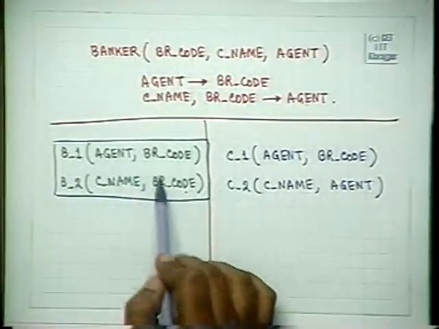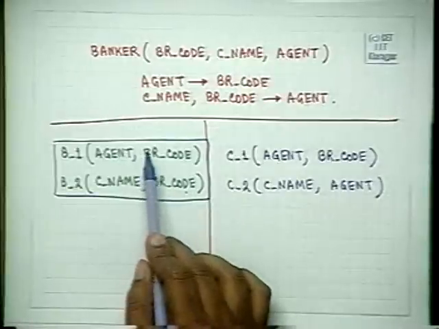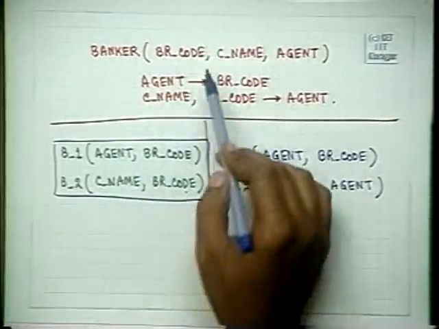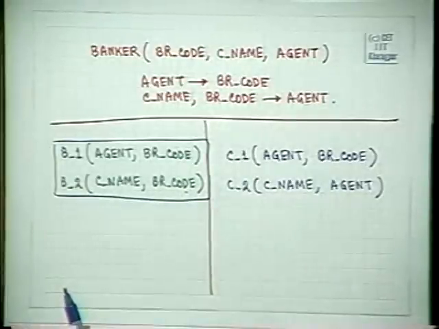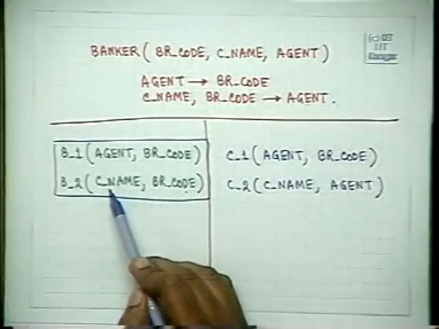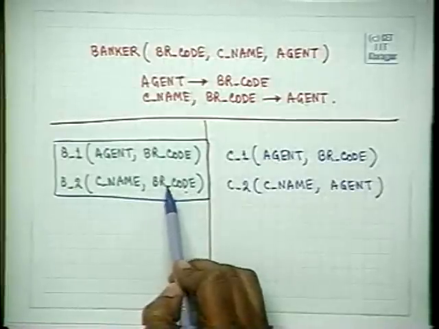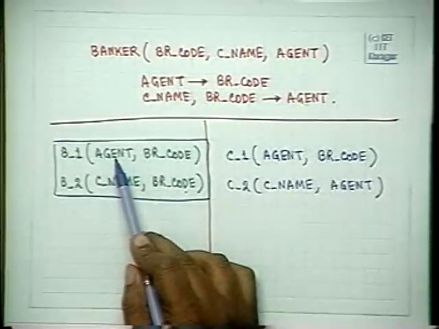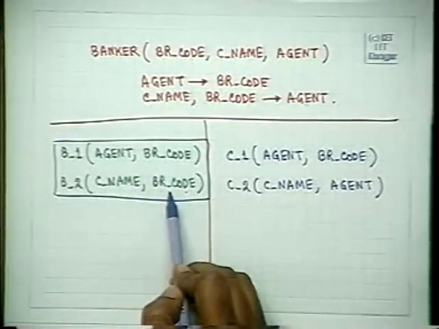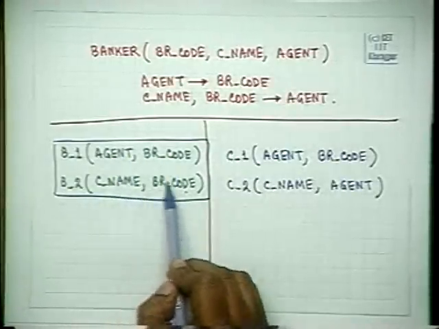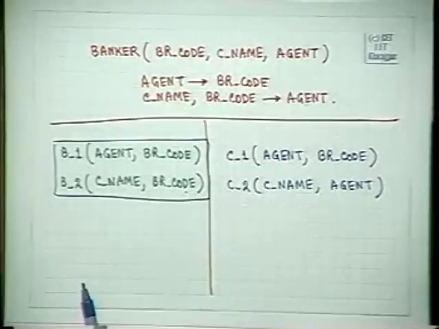If it is not a primary key or a candidate key in any one of them, then the relationship will not be able to get back the original one. For example, for this customer here, you will get all the agents of a particular branch.